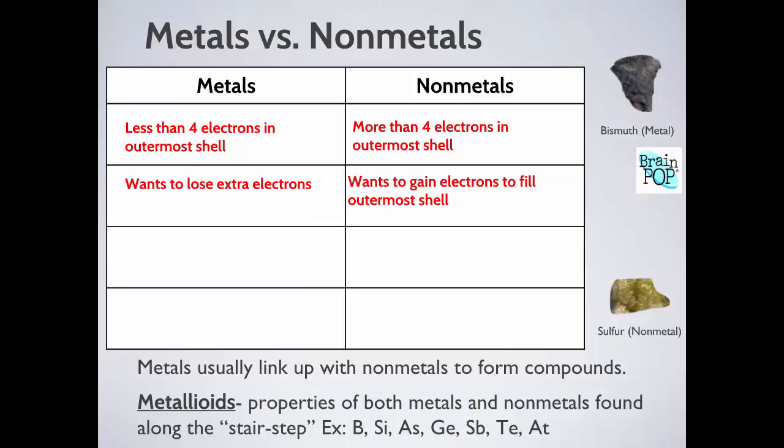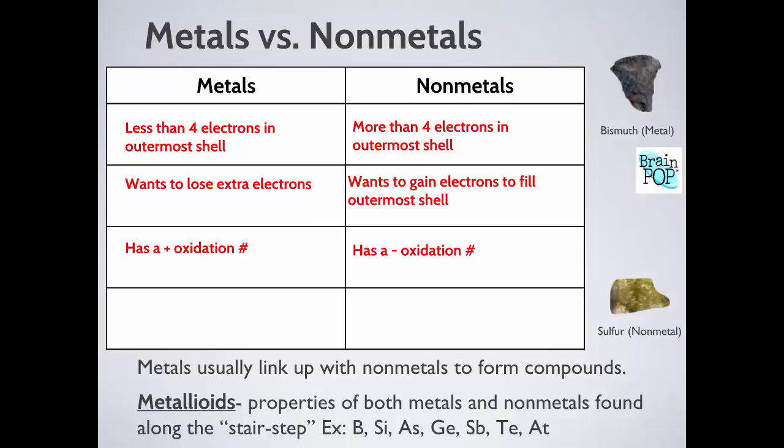Yeah, it's why they often form compounds, because they both can accomplish what they're trying to do. So, oxidation numbers of metals are what? They have extra electrons, so their oxidation numbers are positive. And the nonmetals are missing electrons. Their oxidation numbers are negative.